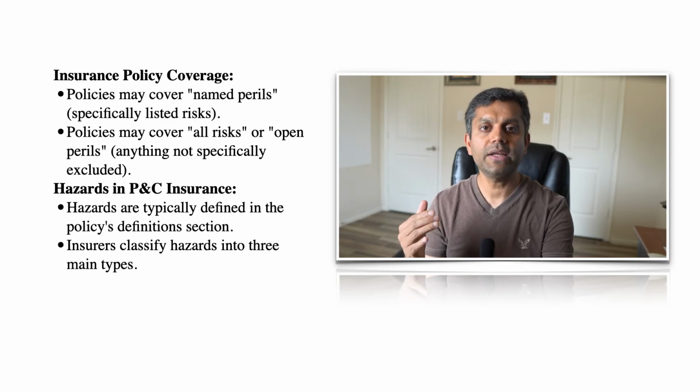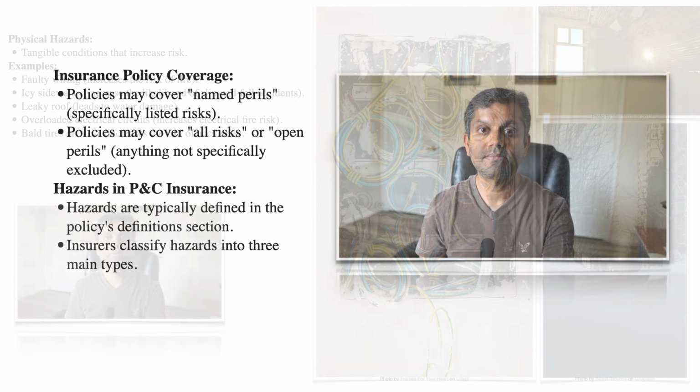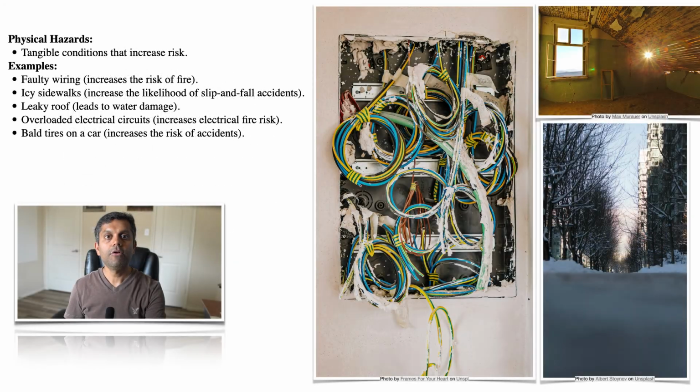Now, in property and casualty insurance, hazards are usually defined in the policy's definitions section. Insurers classify hazards into three main types. First, we have physical hazards. These are tangible conditions that increase chances of risk.